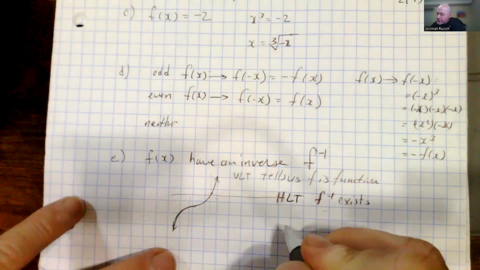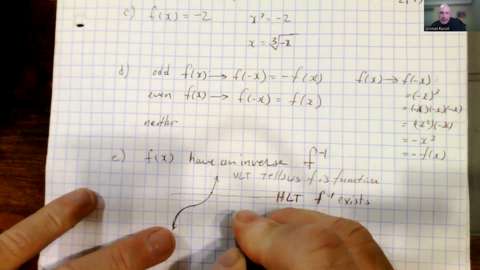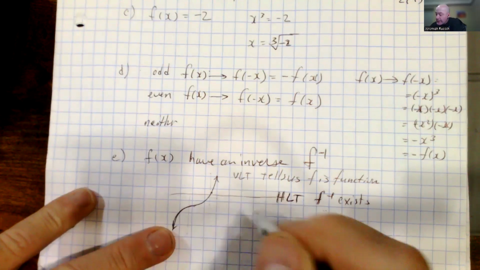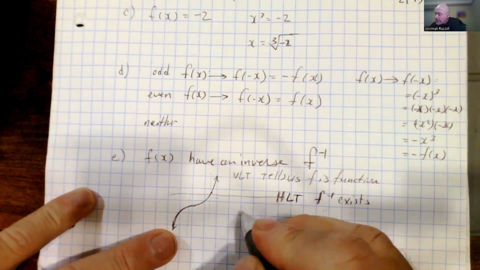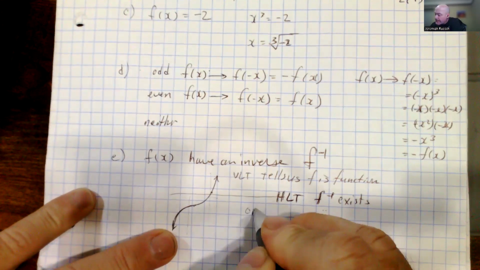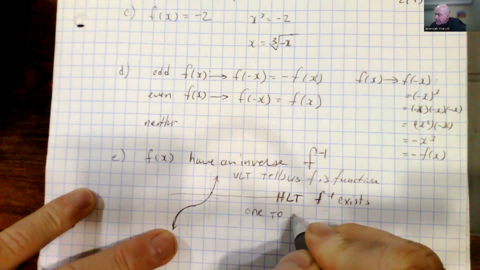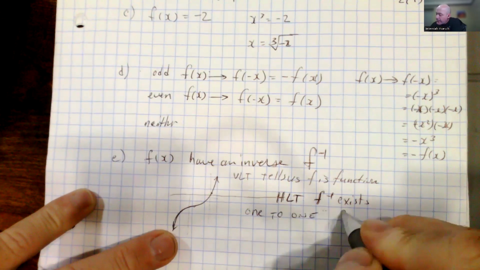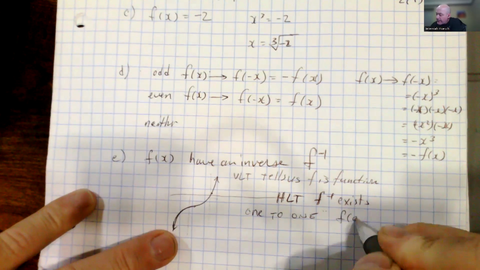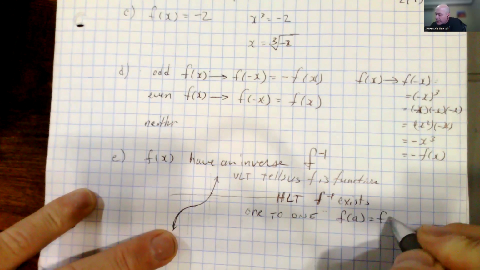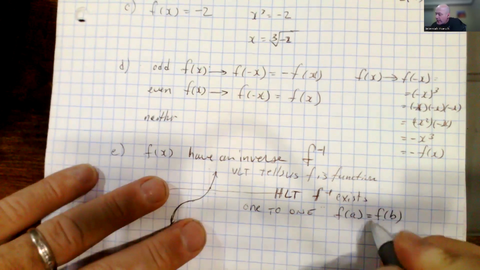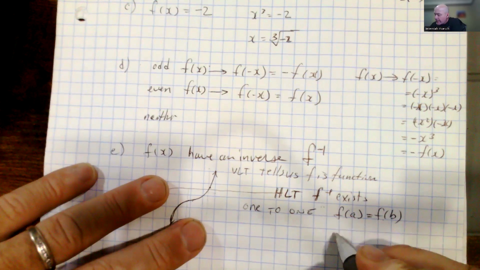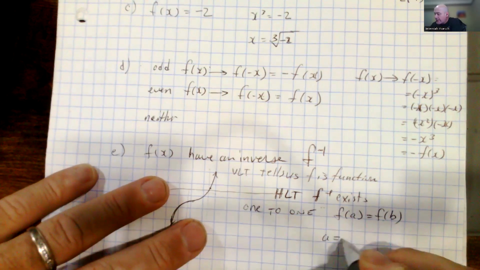Another way to show this algebraically, if you don't know the graph of the function, or if you're not really sure, or if you want to be more precise, is to show that it is 1 to 1. You assume f of a equals f of b, where a and b are just some numbers in an interval. If this is true, this is only true if a is identically equal to b.